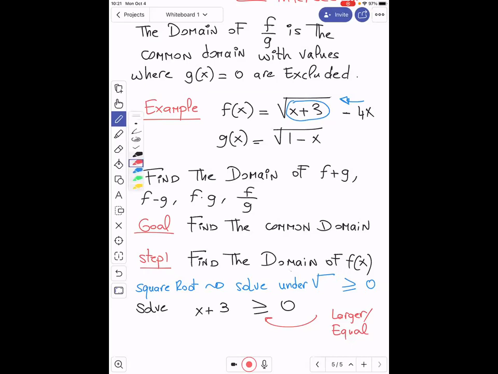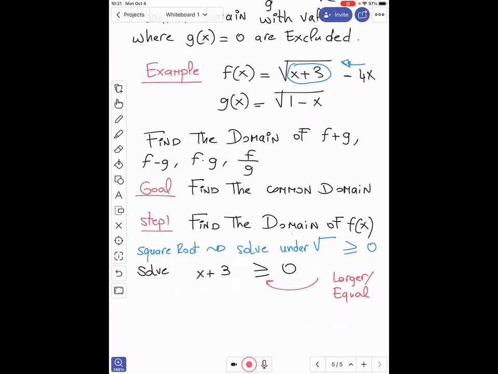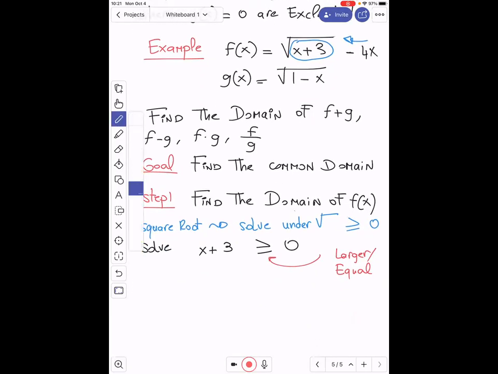Now we want to solve for x. You just do the usual solving. You subtract 3 from both sides, so then your x is larger or equal to -3, right? So what we are saying here is that your input x must be larger or equal to -3.